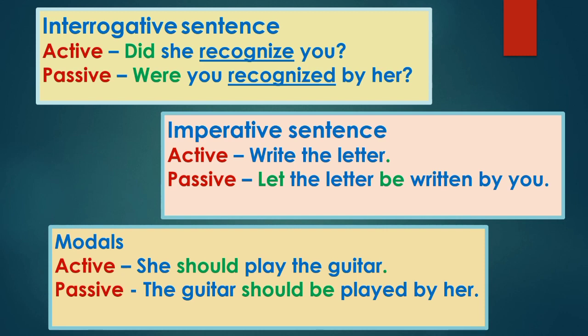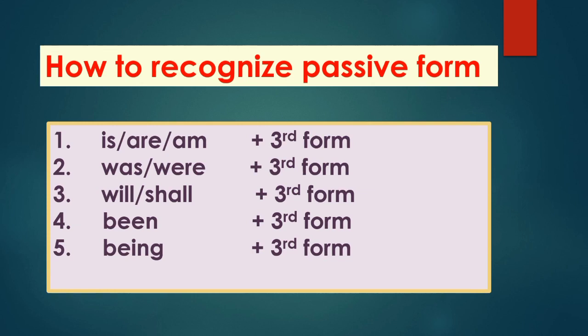Sometime or other, we have to convert the passive form into the active one. For that conversion, first of all, we have to recognize if the sentence is passive or not. So by using these key terms, we can easily recognize that this is a passive form of sentence.